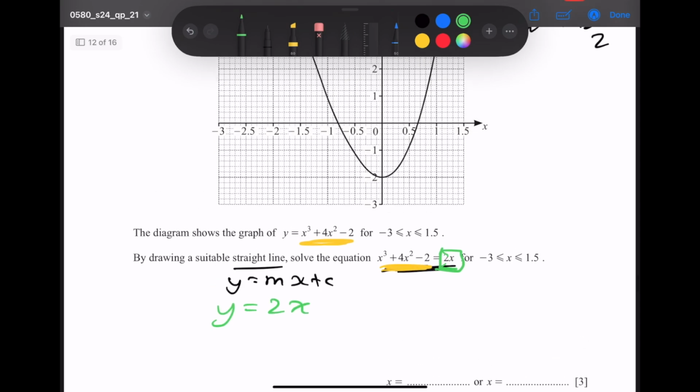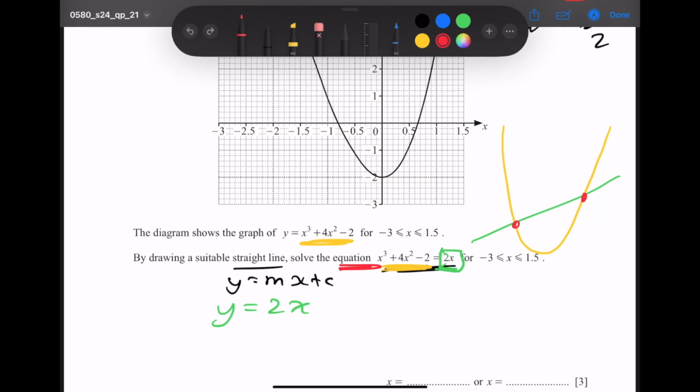Since if you draw the straight line y is equal to 2x, the points where the cubic graph and the straight line meet, these 2 points would satisfy this equation, where x cubed plus 4x squared minus 2, which is the yellow graph over here, has y values equal to the y value of y is equal to 2x, which is shown by this line, and the x values are also the exact same.